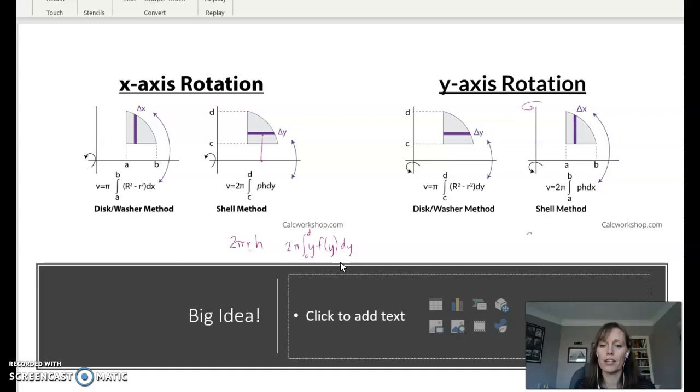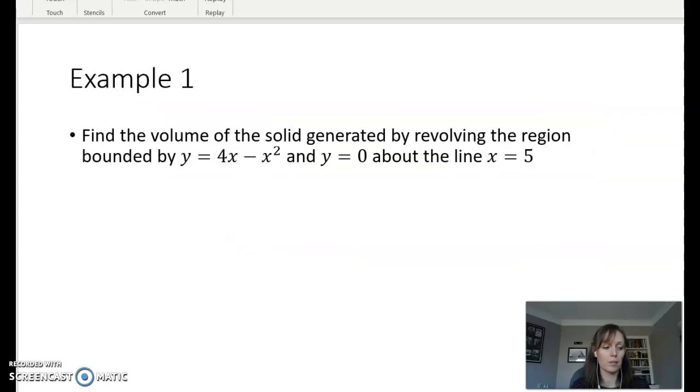So here you would have 2 pi times the integral from a to b of x, provided that you're rotating around the y-axis and not some vertical line, times your function in terms of x. So let's take a look at a couple of examples for this one.